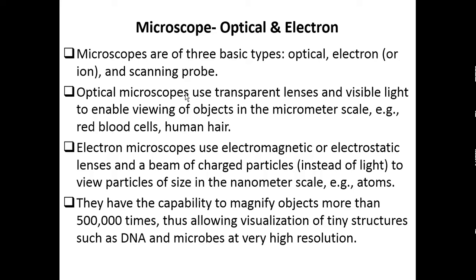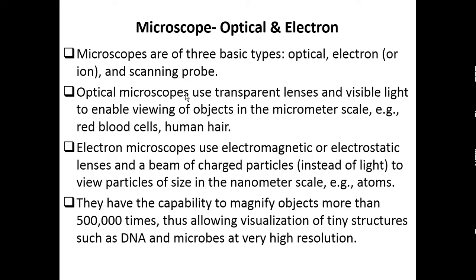And a beam of charged particles, that is electrons. Instead of light we use charged particles in the form of a beam, the electron beam, and that is used for viewing particle size of nanometer scale.